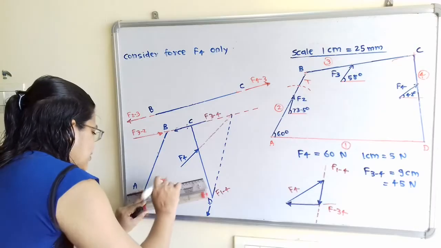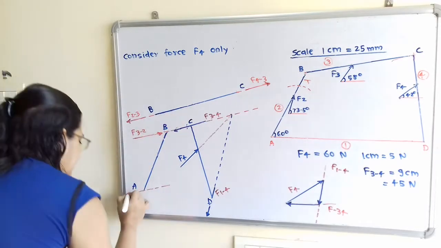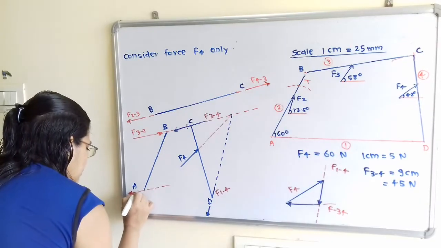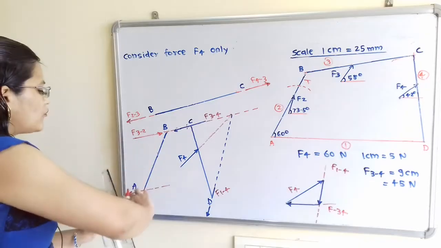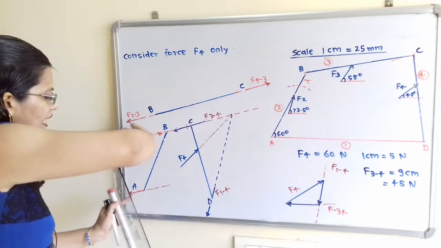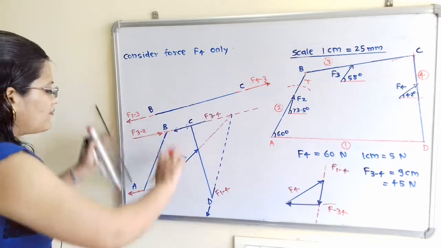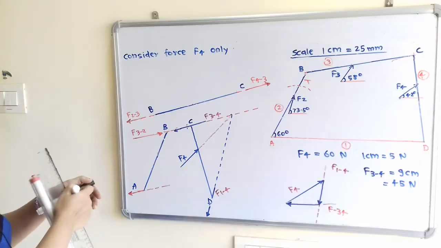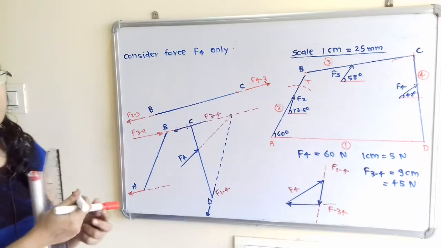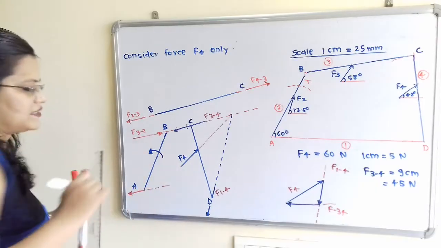Now what is the direction? The direction should be opposite to this. This is towards the right hand side and therefore we have to show this towards the left hand side. Now if we observe, these two forces form a couple and that works in clockwise direction. So we have to show torque in the opposite direction for the equilibrium of the mechanism, and that should be in anti-clockwise direction.